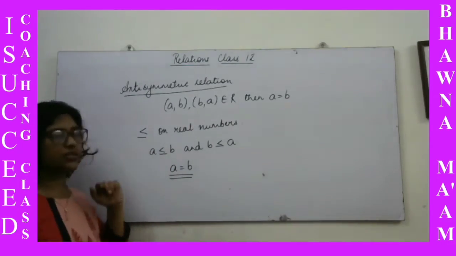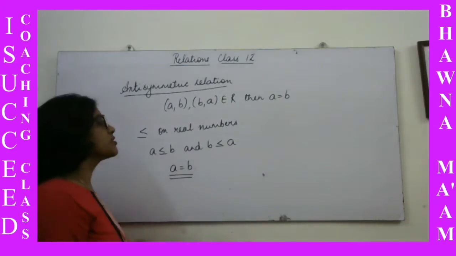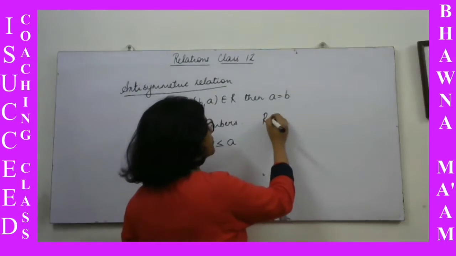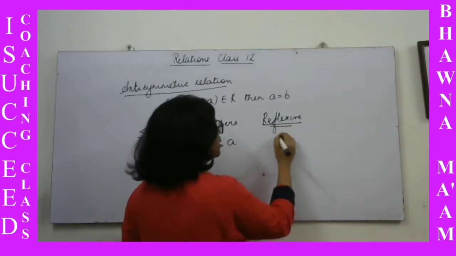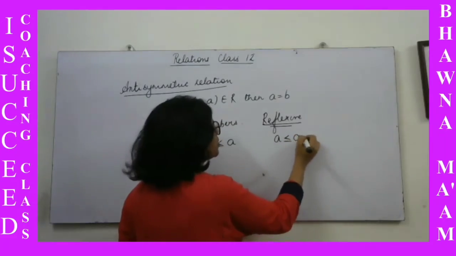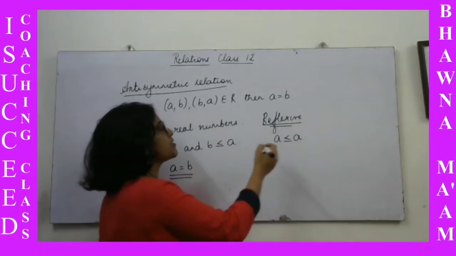Now since we considered this, let us think, is it reflexive? In reflexive, what we need is a relation in which we have A less than or equal to A, the same entries. Okay, let's write it down properly.